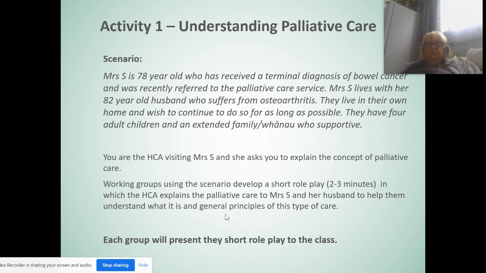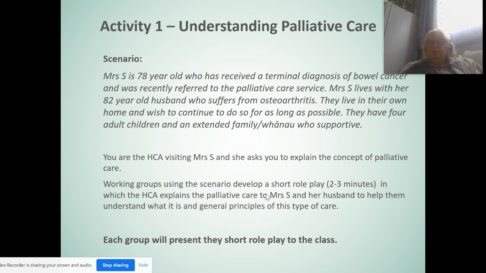Then it says here, each group will present the short role play to the class. But what we actually need you to do is type out your short role play, or you can video your short role play, and then you need to upload it to the Dropbox that's going to be in this section on Moodle.